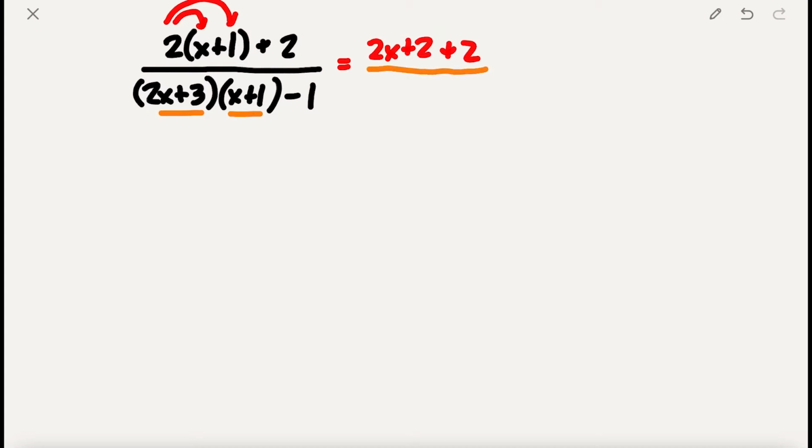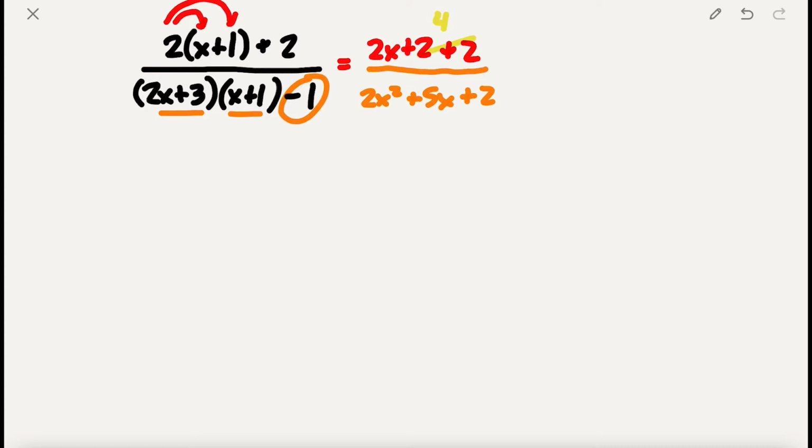And you're going to end up with 2x squared plus 5x plus 2. And this is after you subtract this 1 right here. So I subtracted the 1, you end up with something like this.